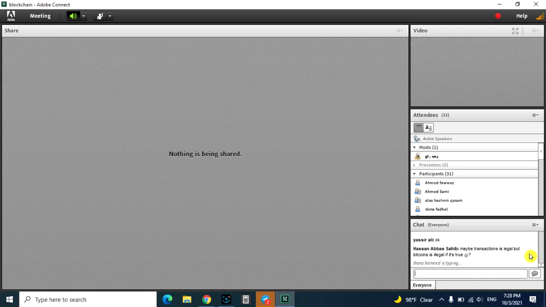By the government, Bitcoin maybe is illegal. It's not, at least we can say Bitcoin or Ethereum or any other cryptocurrency is not a formal currency accepted by the government.